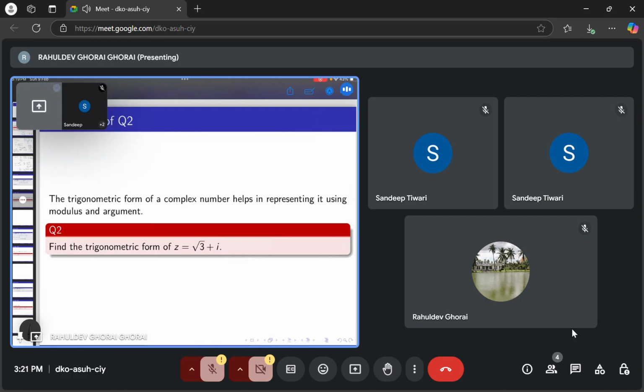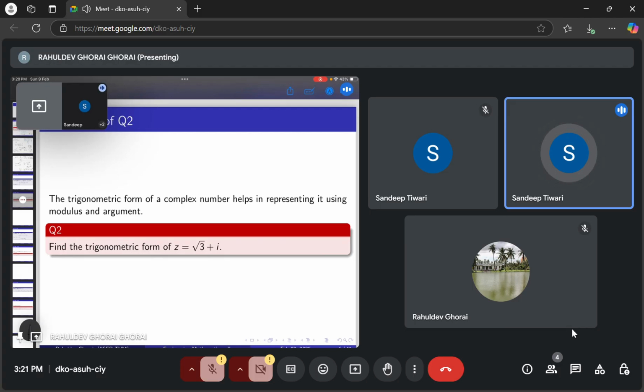So can you do this? Two times e to the power pi i by 3.